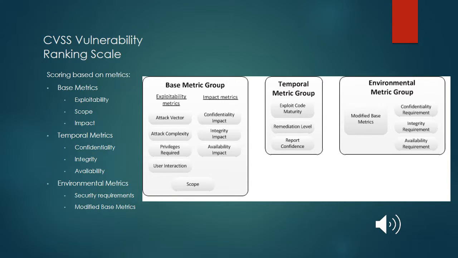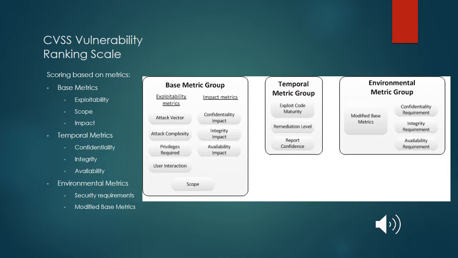The remediation level is an explanation of how easy it is to patch such a vulnerability. And the report confidence describes the confidence the analyst has in what a vulnerability is trying to accomplish, and the confidence in knowing that this is what the vulnerability was designed to do.